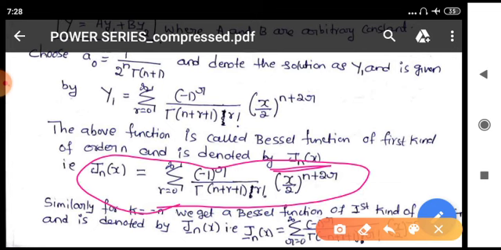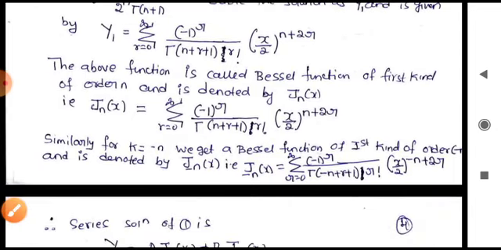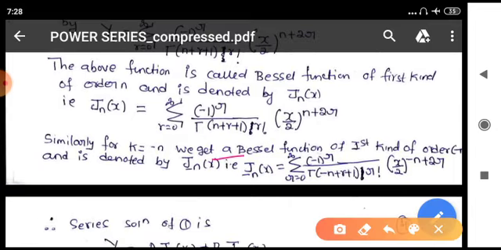That is, Jn of x is given by summation of minus 1 to the power r divided by gamma of n plus r plus 1 into r factorial x by 2 to the power n plus 2r, where r runs from 0 to infinity.